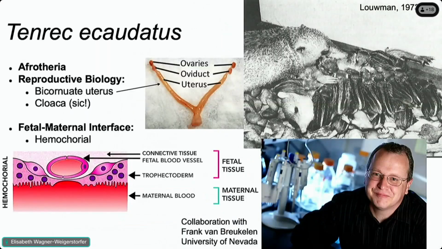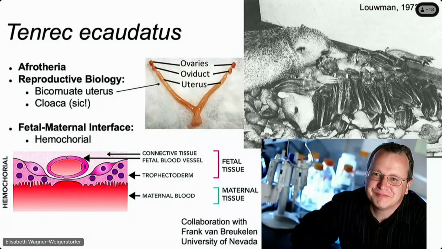So they are Afrotheria, as I already mentioned, so they are the most basally branching, most primitive, quote unquote, Eutherians. They have a bicornate uterus. This is not a tenrec uterus, it's a mouse uterus, but morphologically it looks the same. Interestingly, they have a cloaca, which you usually would expect from a marsupial, a bird, or a lizard, or any reptile.